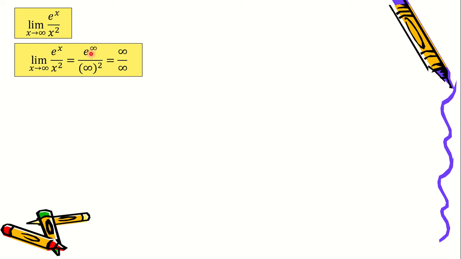E raised to infinity is going to be a large number. So it's infinity. Infinity squared is also infinity. So what we have here is an indeterminate form, which means that we can use L'Hospital's rule to figure this out. Because right now we don't know what that is.